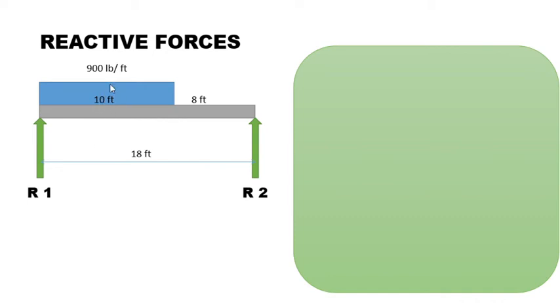So 10 feet, then the load is 900 pounds per foot. The same procedure: solve for R1, our pivotal point is R2. So the equation, summation of moments at R2 is equal to 0, positive clockwise direction.